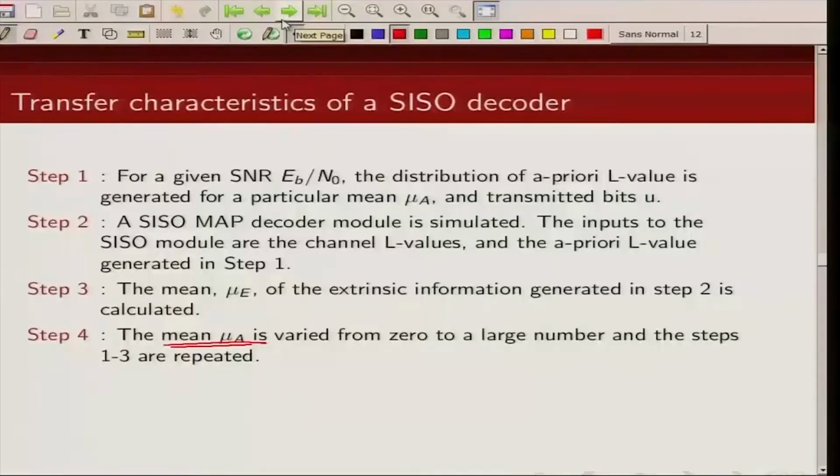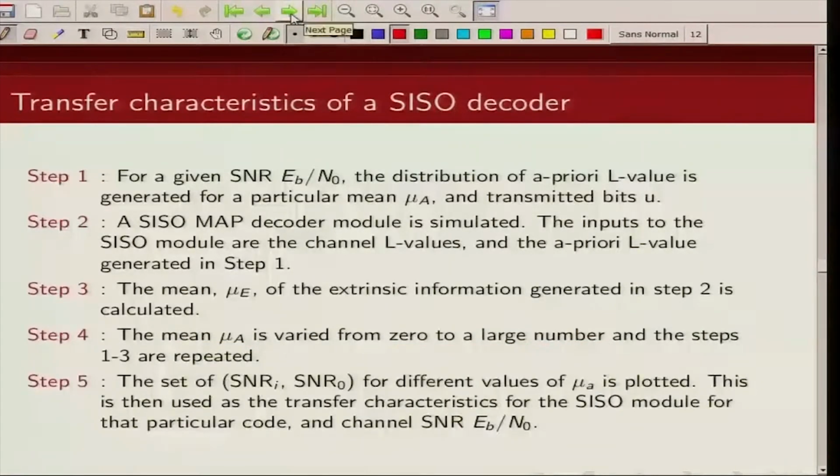So, we repeat this by varying our a priori information mean, and finally we plot this input output relation for a particular channel SNR.